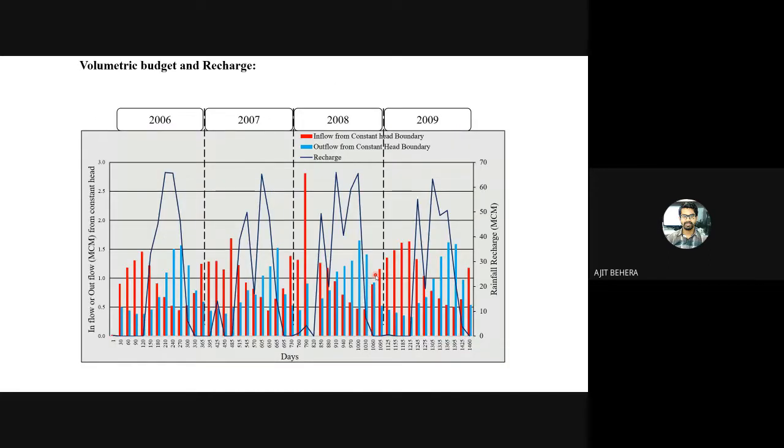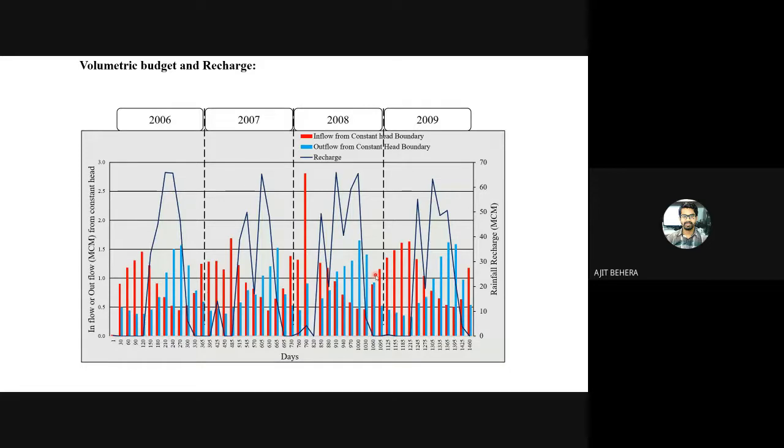So then we calculate the volumetric budget of recharge. After calculating all these things, now we want to quantify the groundwater resources or recharge resources. How much recharge is basically taking place within this time period?